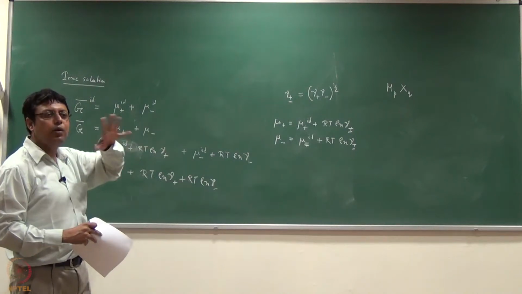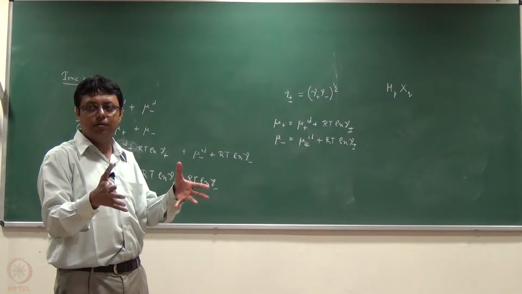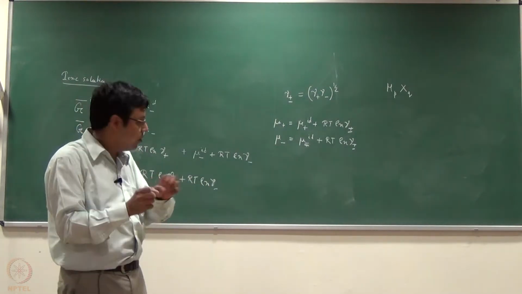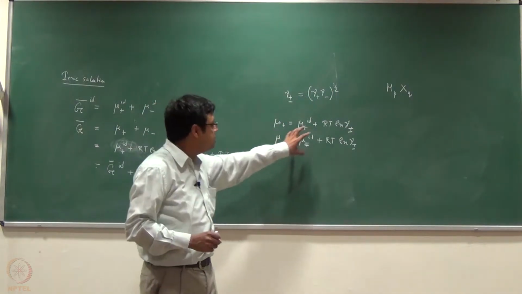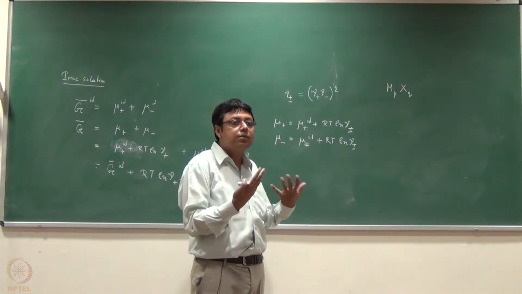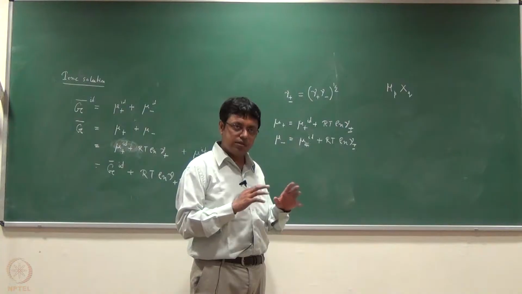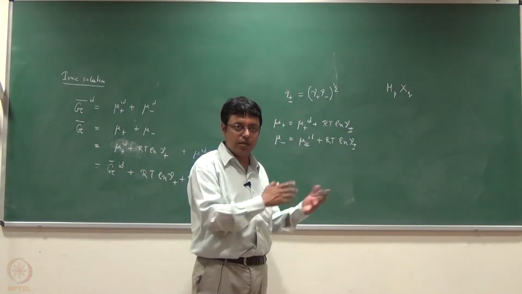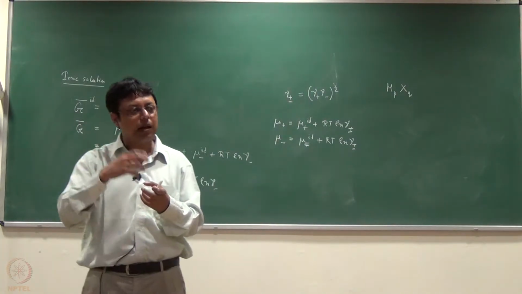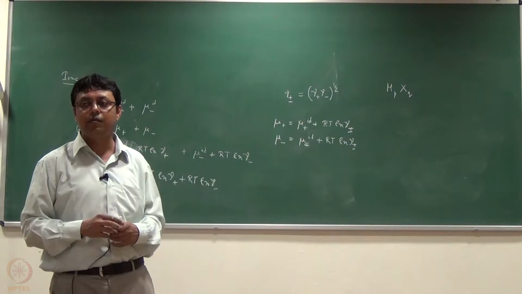Now what did we do actually? We said that there is a deviation from ideal behavior, but the deviation for the cation and for the anion is basically the same. Meaning the cation and the anion are behaving similarly, which is a big approximation. That is the approximation in the theory, because you can think that the cations and anions might have very different sizes and very different polarizabilities.